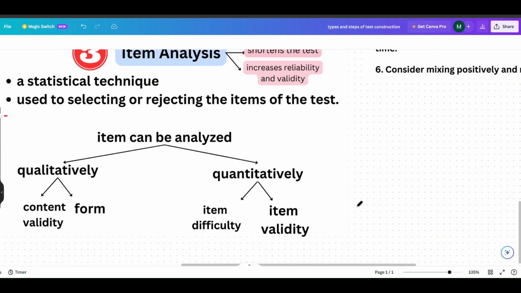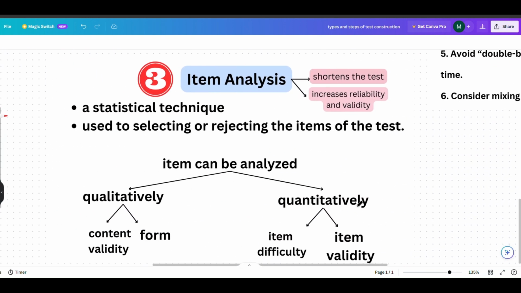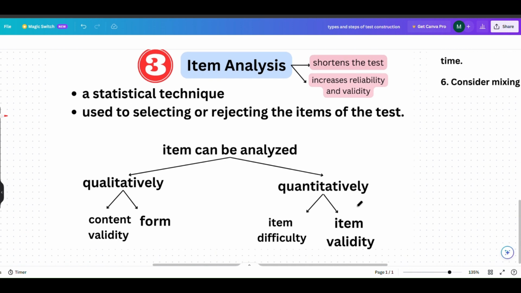Moving on to the third part of test construction, which is the most important part, the test and item analysis. Now we have created the item pool with all the items which we need. So why do we need item analysis?